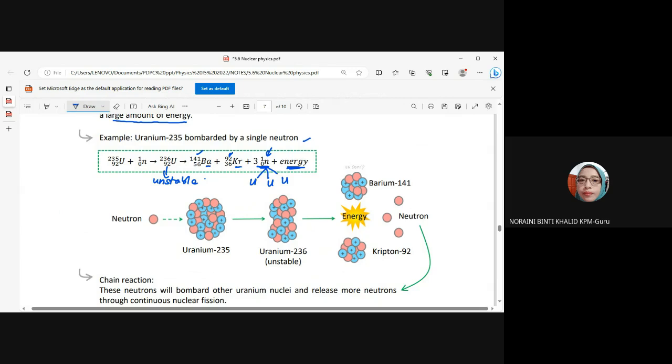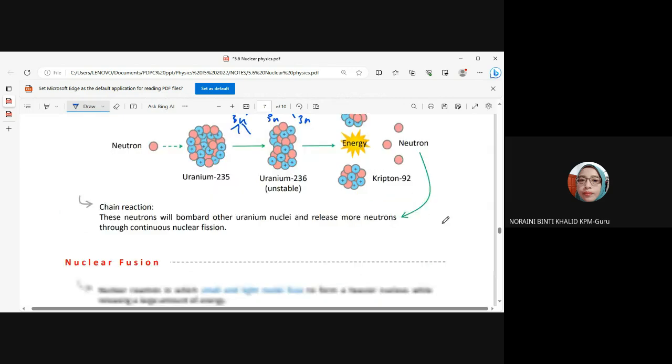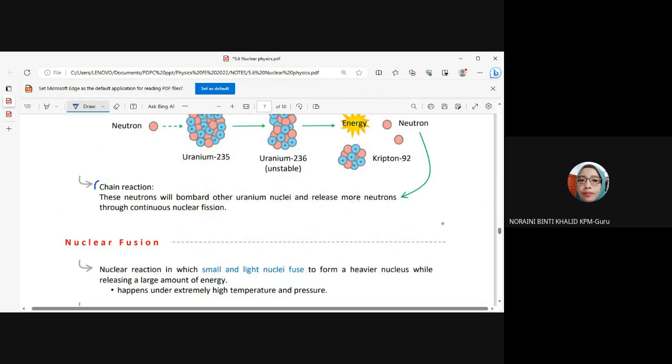One split will produce another 3 neutron. Here also 3 neutron. Here also 3 neutron. And give out energy, of course. And then the new 3 neutron will continue to collide with another uranium. Mean unstoppable. This action cannot be stopped. Okay, if we didn't control the neutron that release out, means the process will become chain reaction.